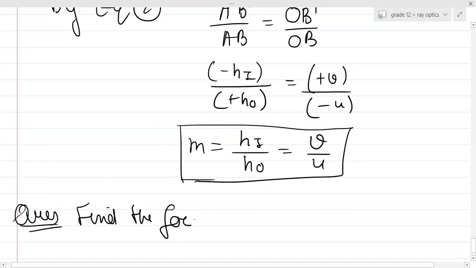Find the focal length of the lenses below.